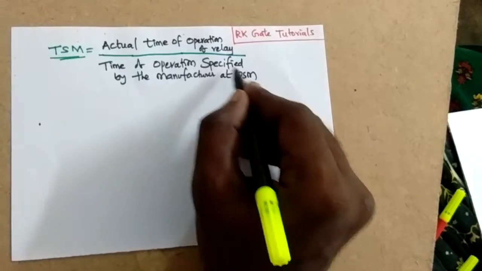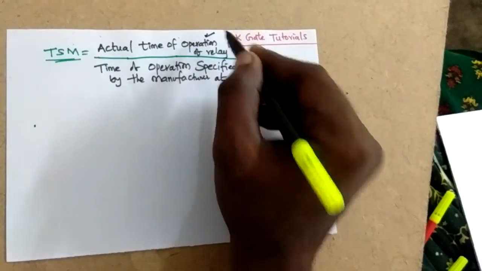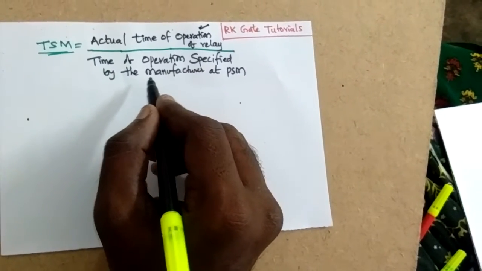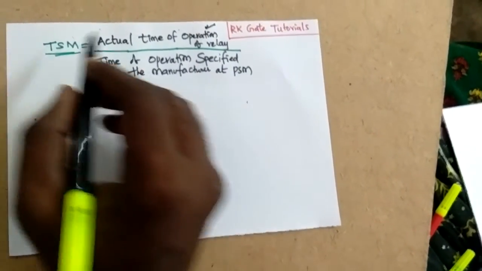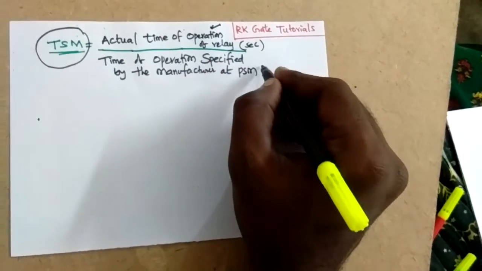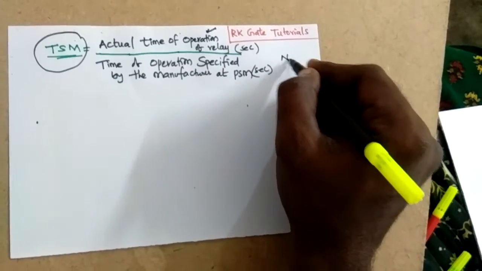The manufacturer will provide a time of operation at that PSM, and you will get the actual time of operation. The ratio of actual to manufacturer time of operation at a given PSM is taken as the time setting multiplier. So this has no units, which means the time setting multiplier has no units.